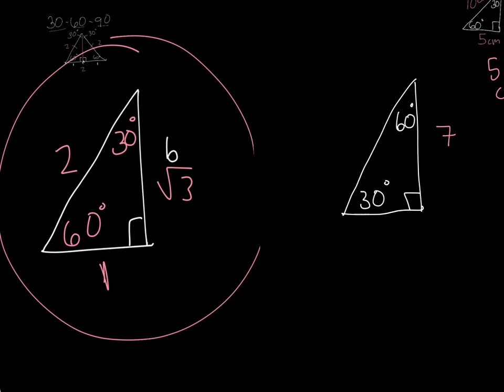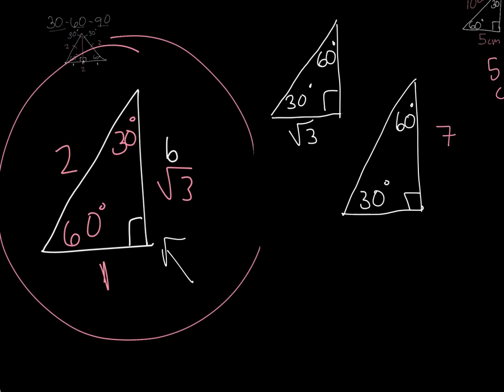So the first thing I like to do in a problem like this, where I'm supposed to find these missing sides, is I like to draw my reference triangle right here in the same orientation as the triangle I was given. So 60, 30. And so I'm going to remember that the side across from the 60 is always the square root of 3.